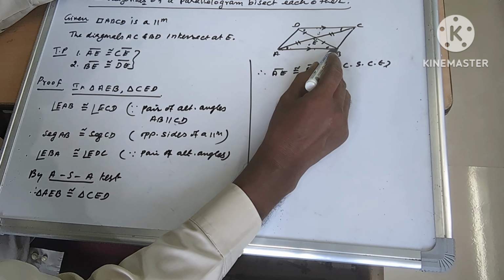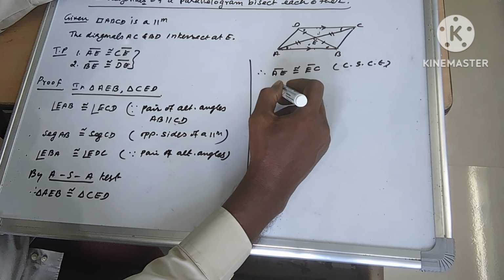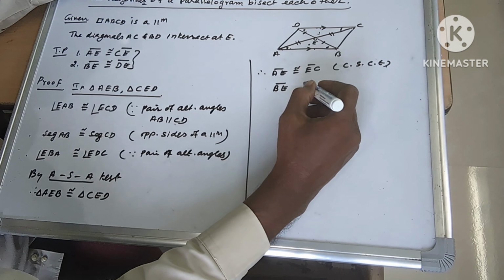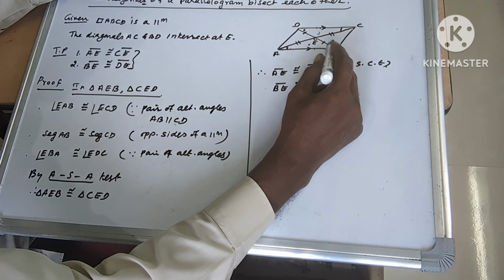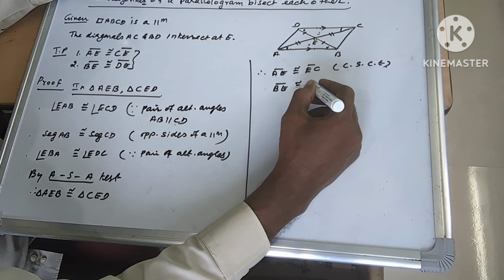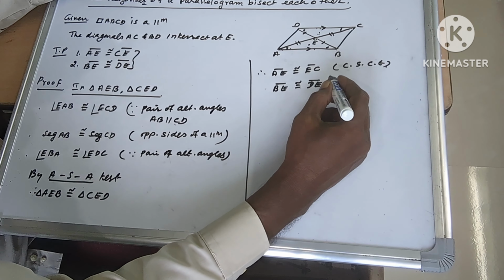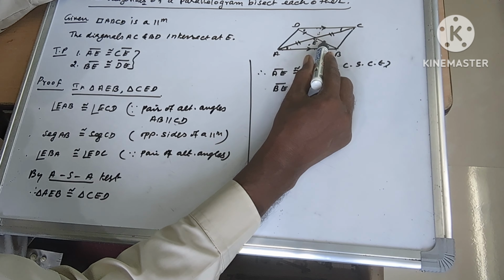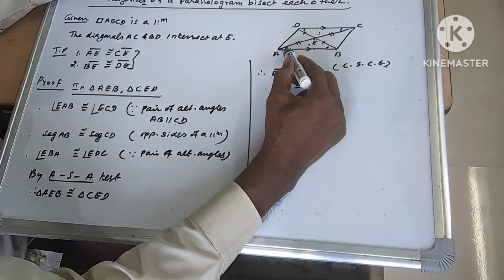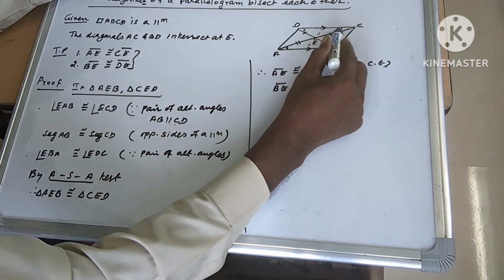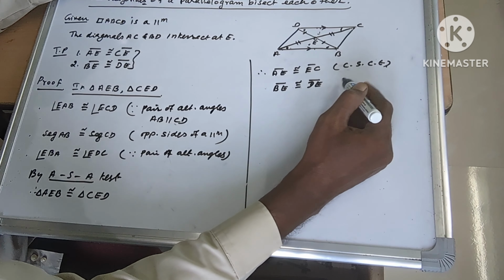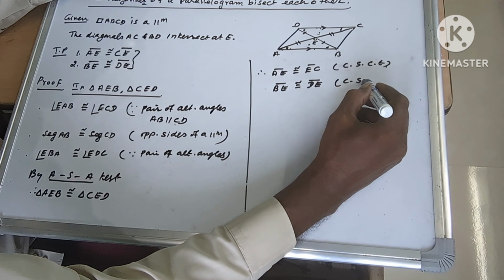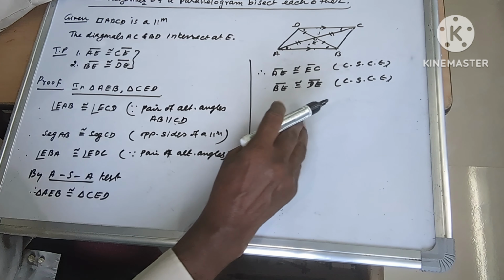Same way, BE is congruent to DE. BE is the side opposite to this arc, and the side opposite to this arc is DE. So these two are congruent, for the same reason, corresponding sides of congruent triangles are congruent.